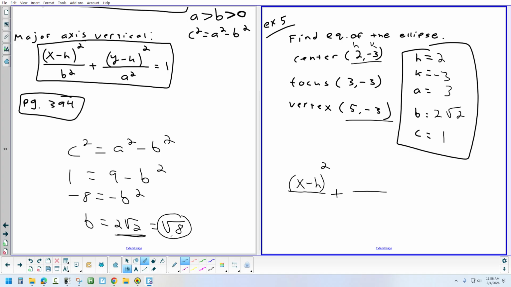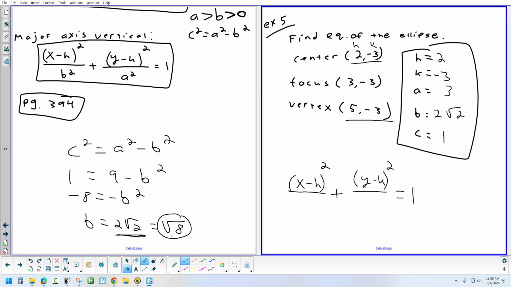What goes in your second parenthesis? Our second numerator. Yep. Y minus K squared. Always going to be y minus k. It's always going to be equal to what value? Yep, 1.